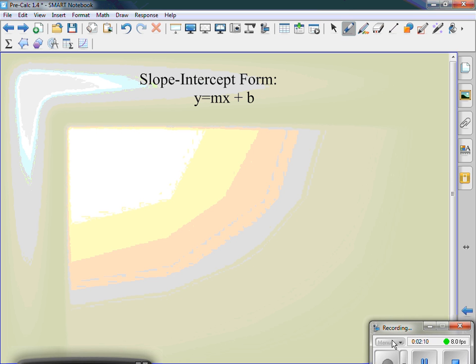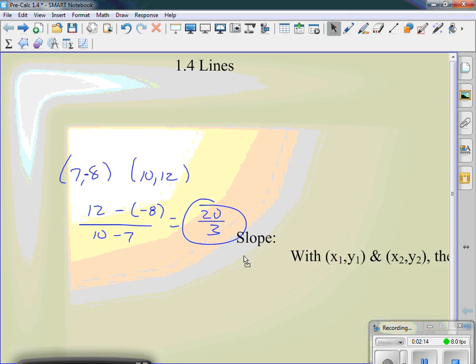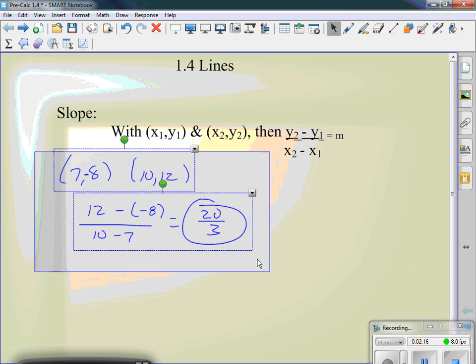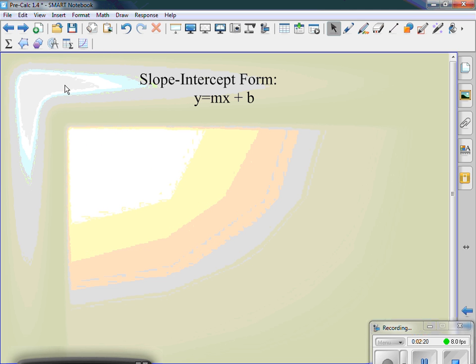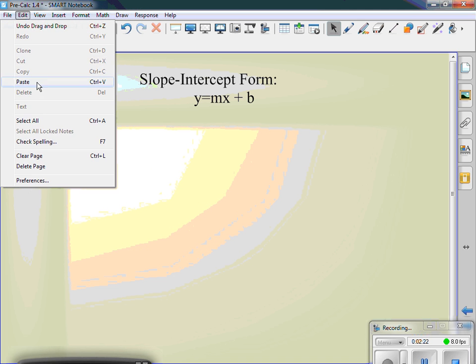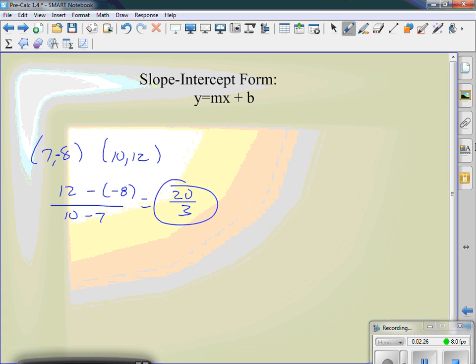If I go back to the problem we had here, there's my slope, and I want to find the equation that passes through these 2 points. I'm going to pick this point here, and I'm going to find the y-intercept.